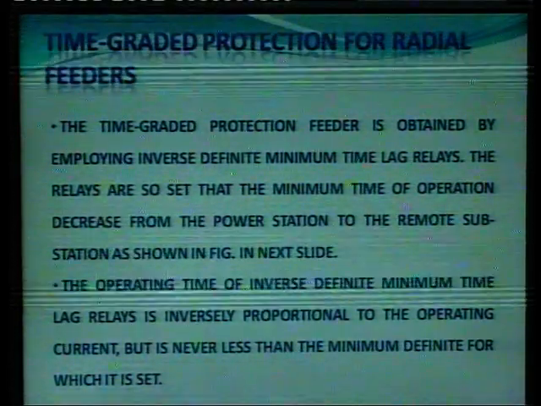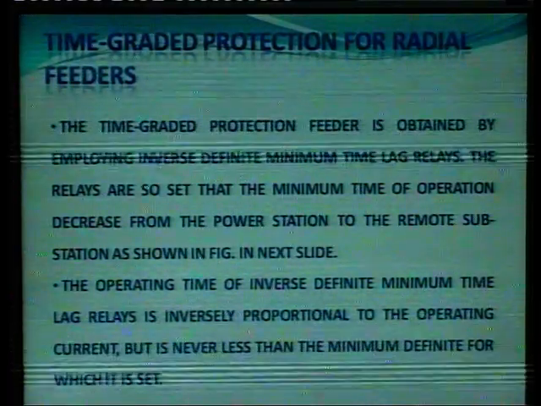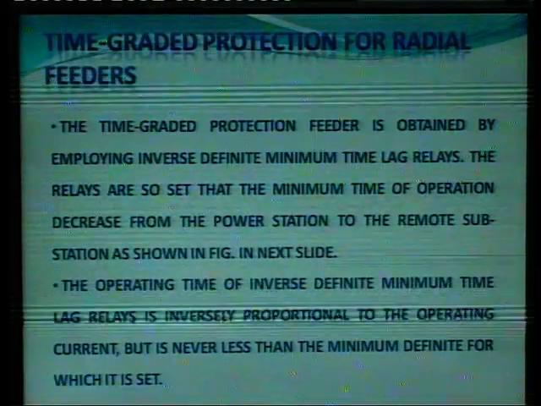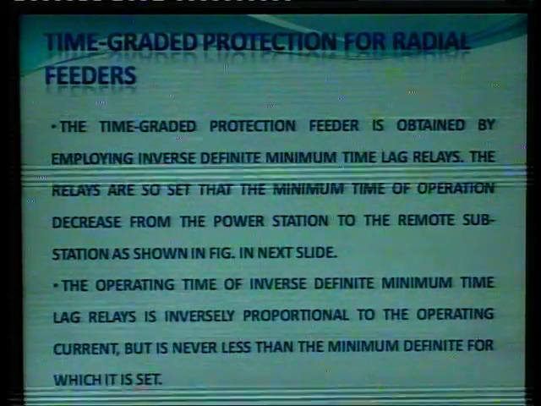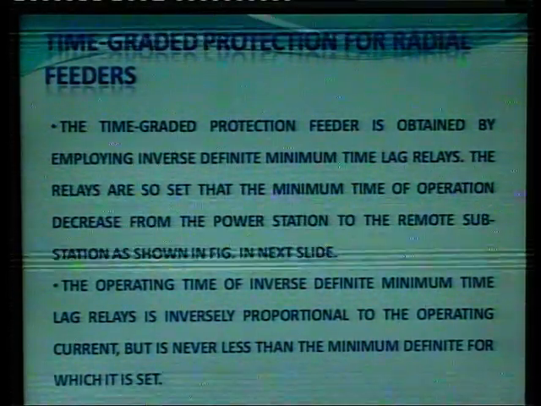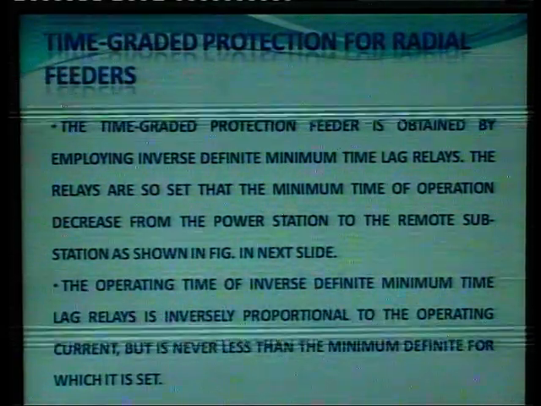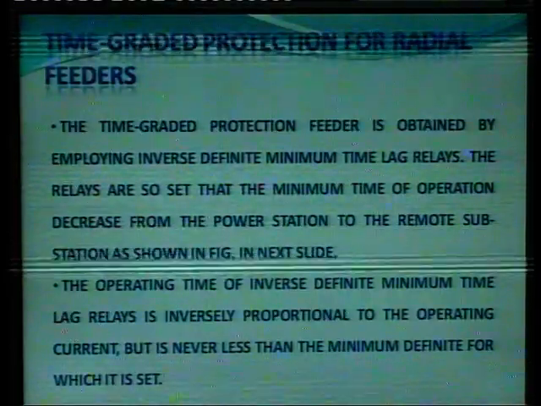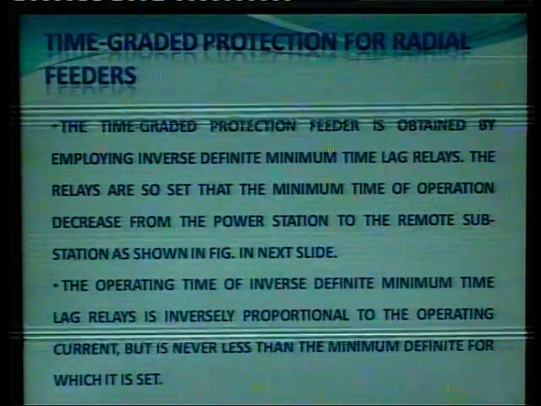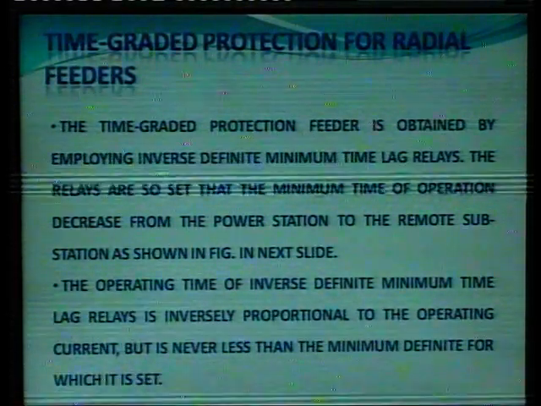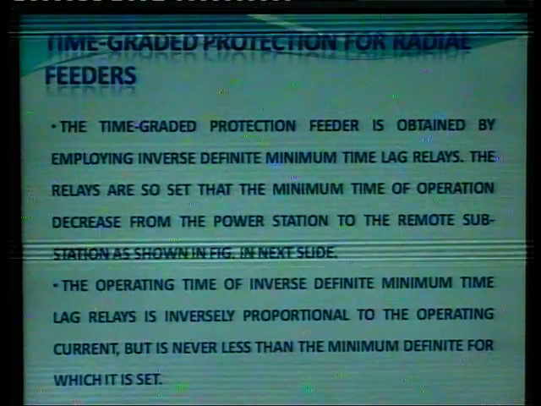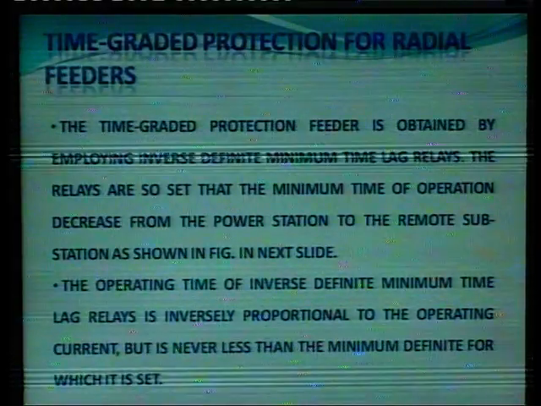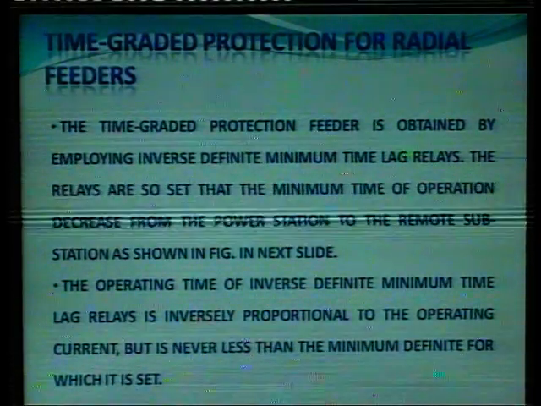The operating time of the inverse definite minimum time lag relay is inversely proportional to the operating current, but is never less than the minimum definite time for which it is set. We can conclude that the more the fault current, the less will be the operating time of the relay, and if the fault current is low, then the operating time may be high as compared to the previous case.